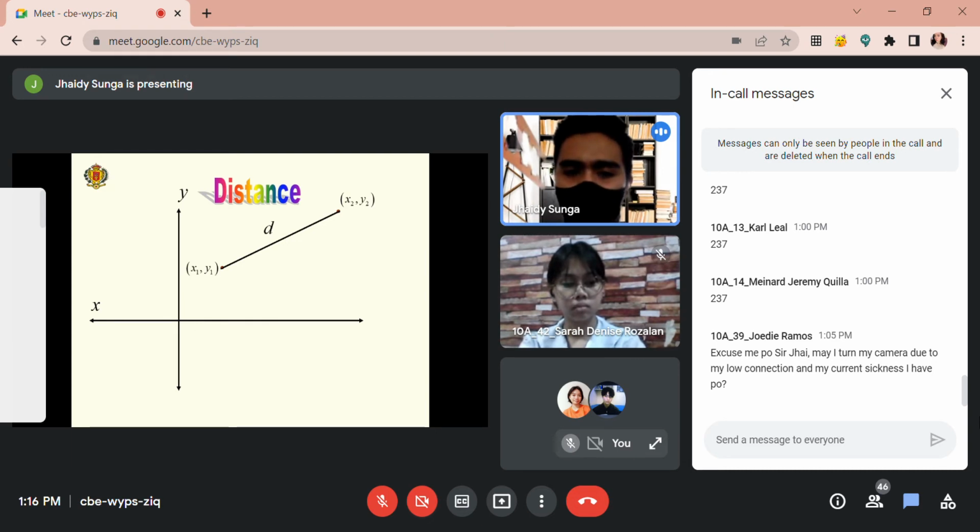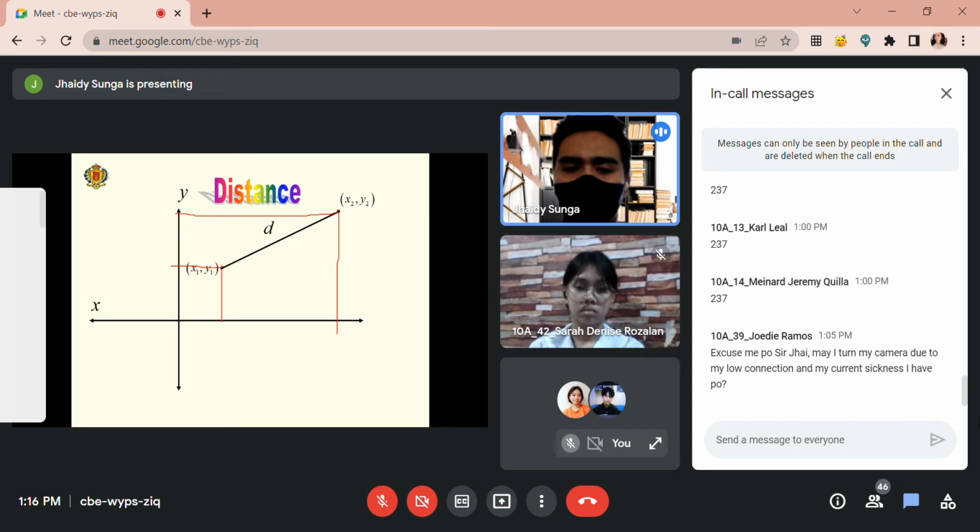You will notice as well that we have these values of x sub 2, which lines up here, and y sub 2 lines up with this graph, as well as x sub 1 and y sub 1.